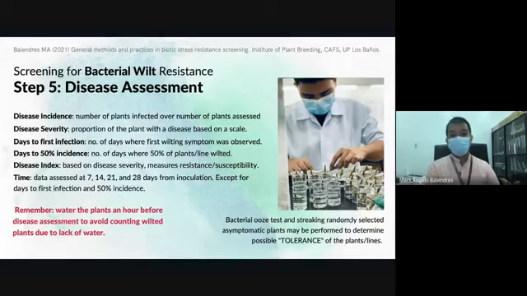Now, there are plants that would be asymptomatic, or plants that were not wilted, but if you check the stem, just above the root or above the soil, you could still get the bacteria. So we randomly check those materials that are resistant based on the scale, and we still get bacteria in those stems.